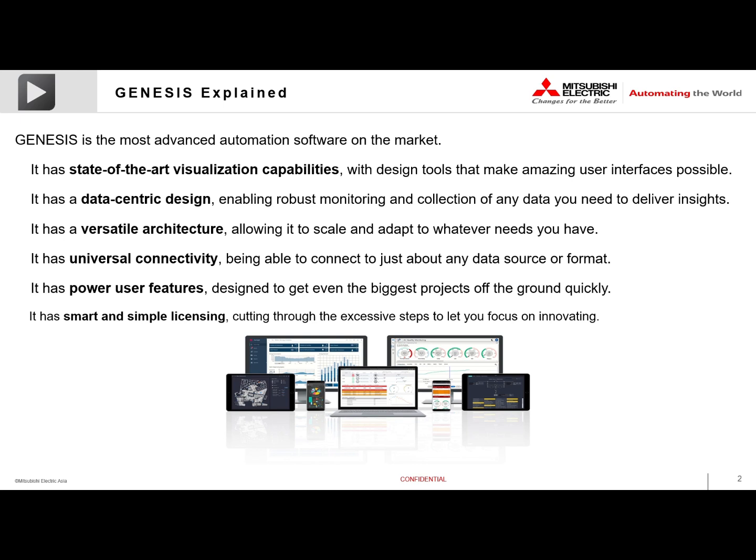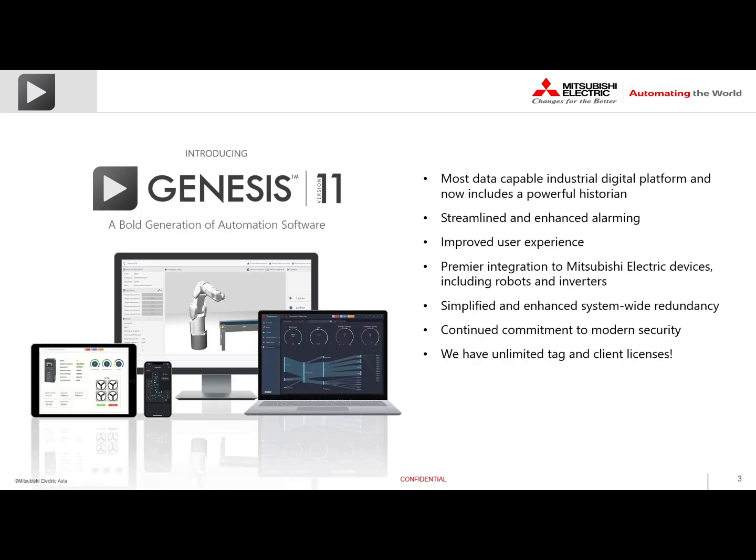In V10, we already had flexibility in terms of licensing. Customers were able to buy only GraphWorks, or only AlarmWorks, or only a single system. But now in V11, we made it simpler by cutting down the number of model numbers, making licensing simple and easy for everybody. I'm going through some of them in the next slide.